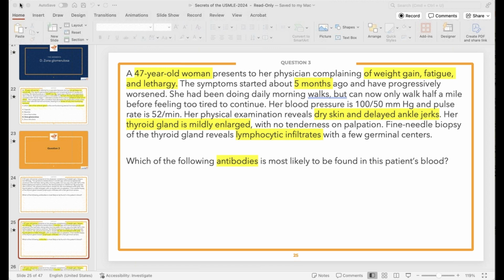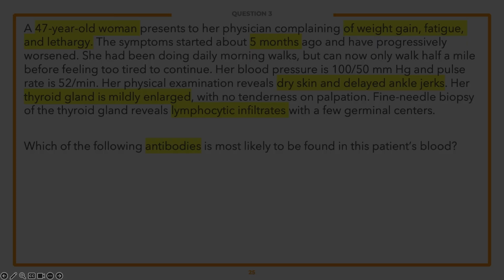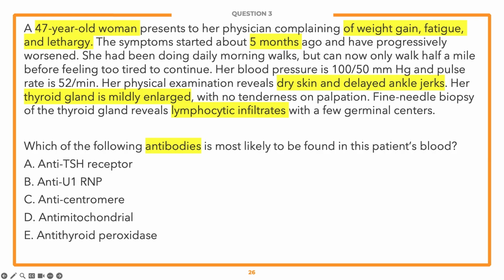And I would even say the pulse rate of 52 is a little bit low. All right, so let's start with option E, anti-thyroid peroxidase. Option D, anti-mitochondrial antibody. Option C, anti-centromere antibody. Option B, anti-U1-RNP antibody. And option A, anti-TSH receptor antibody.